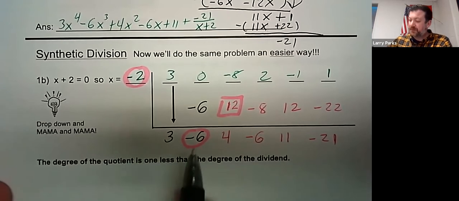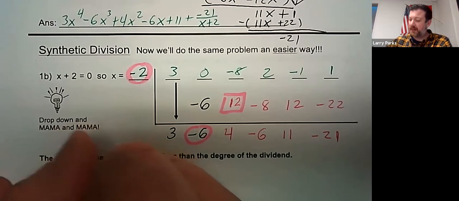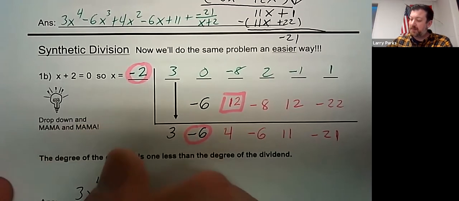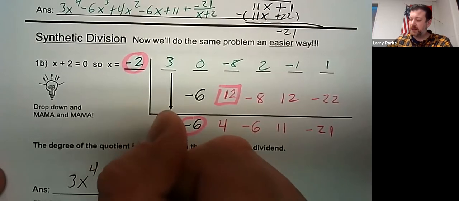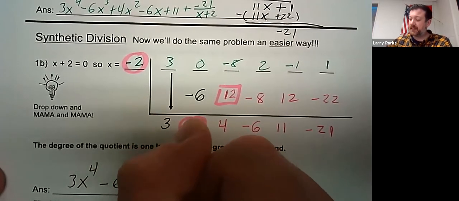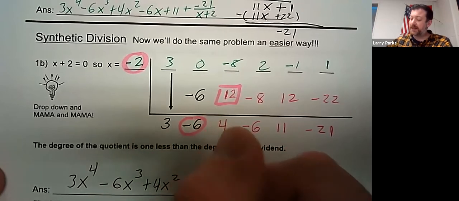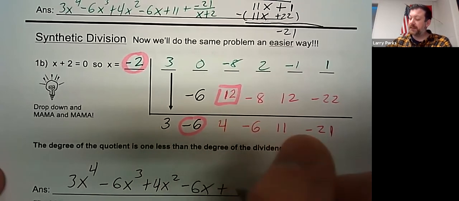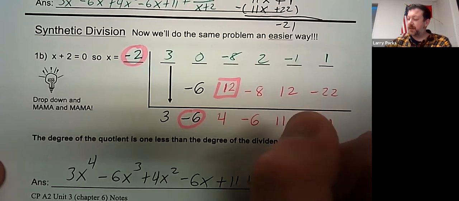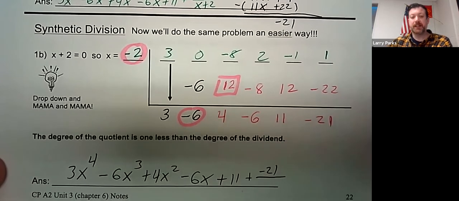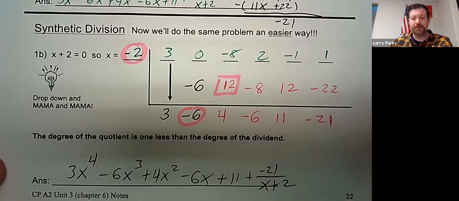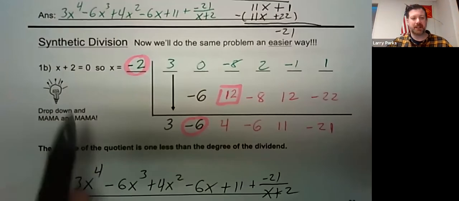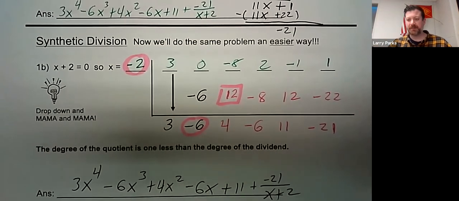It is 3x to the 4th minus 6x cubed plus 4x squared minus 6x plus 11 plus your remainder divided by your divisor. Remember, your divisor is x plus 2. And looky there, same exact answer. This took way less time.